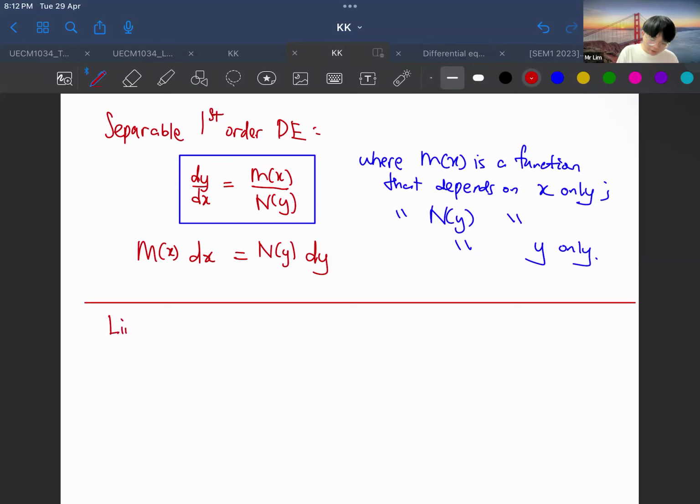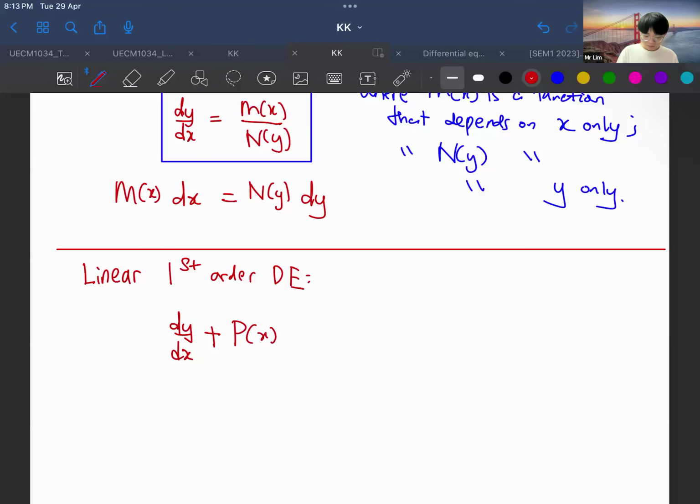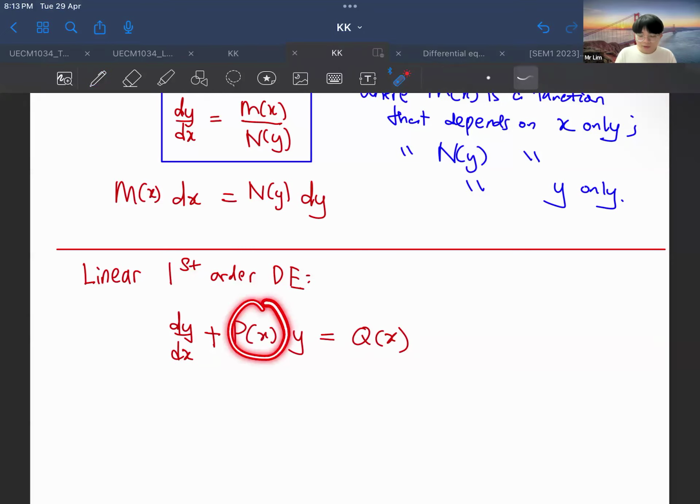So the second one, linear, you're also very familiar with. Linear first order DE. We have a general pattern. I follow most of your reference books. Normally, if you don't call it P, I will call it P(x) and Q(x).